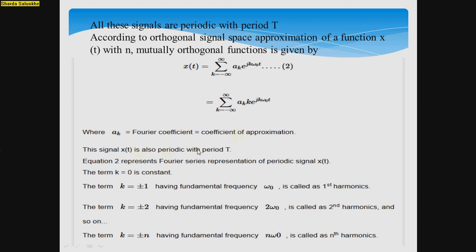This signal x of t is also periodic with period T. This equation number 2 represents the Fourier series representation of the periodic signal.